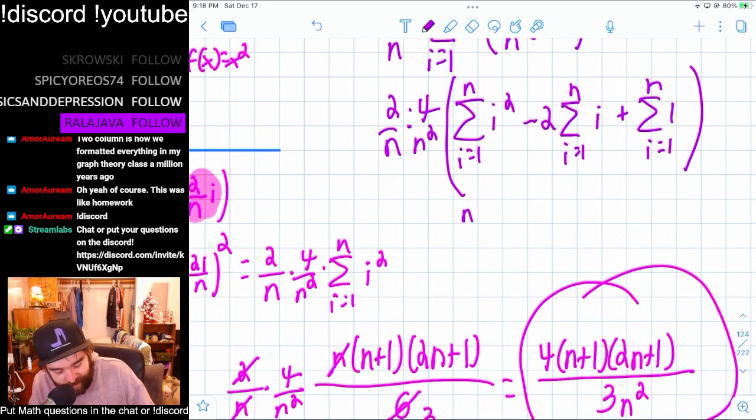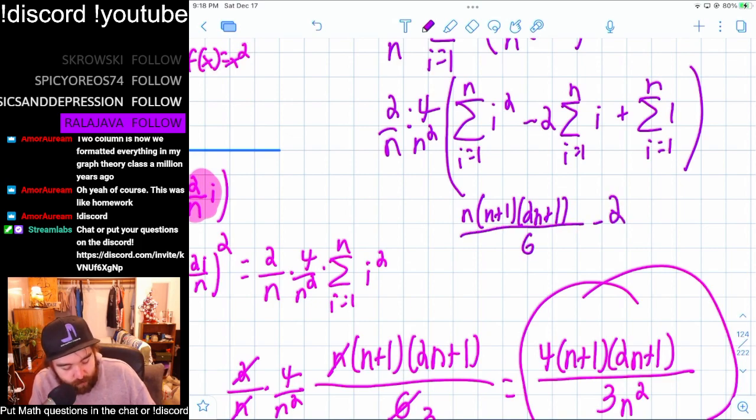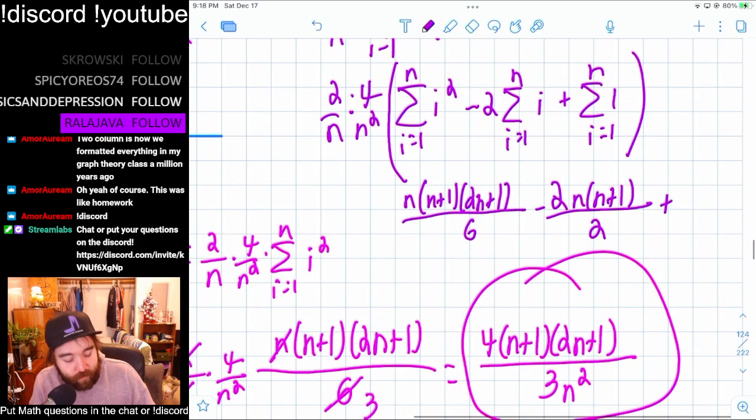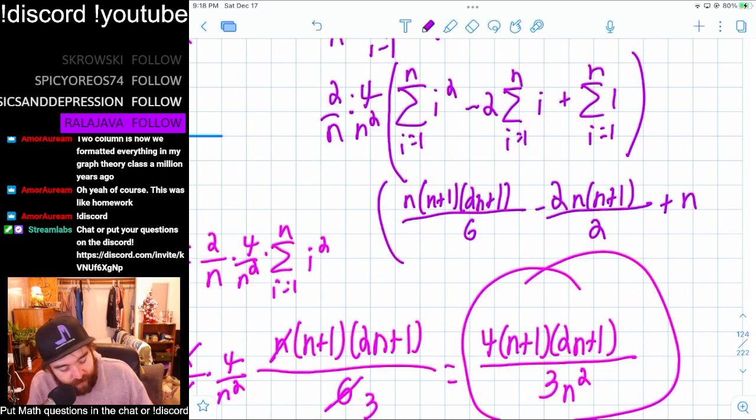So this one: n times (n plus 1) times (2n plus 1) over 6, minus 2 times n times (n plus 1) over 2, plus 1 times n. All of that multiplied by 8 over n cubed.